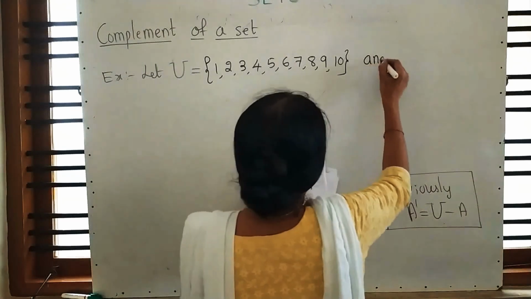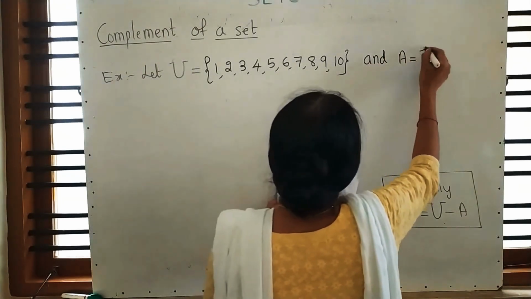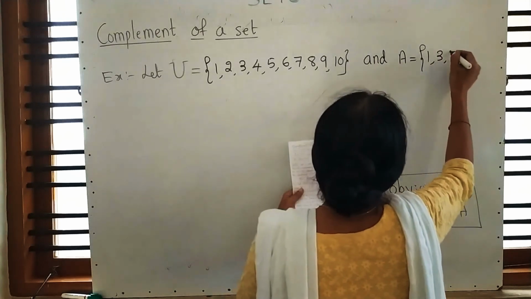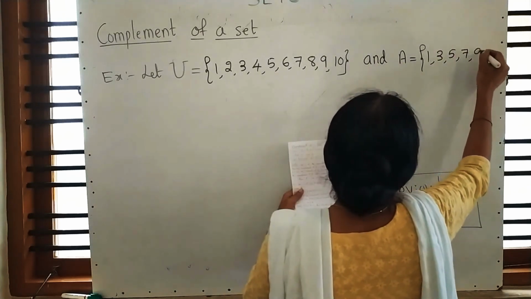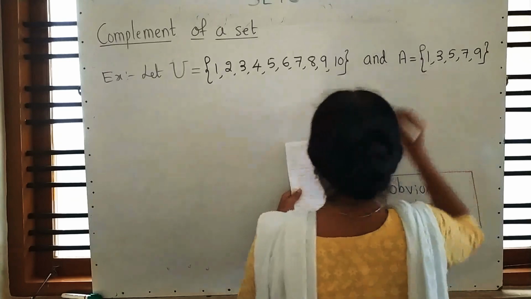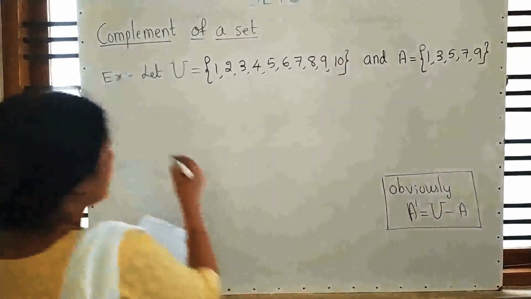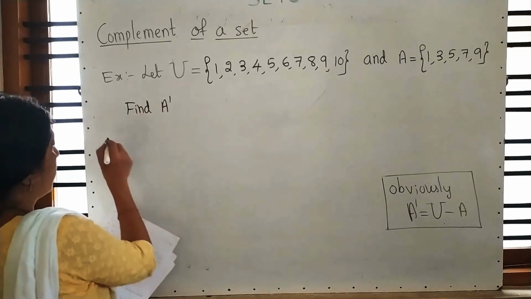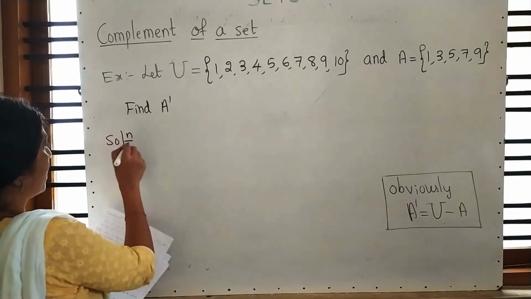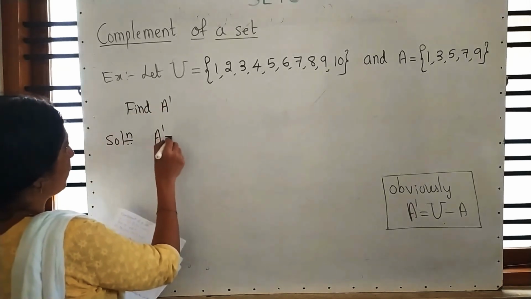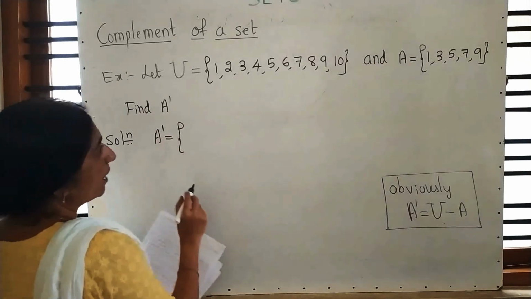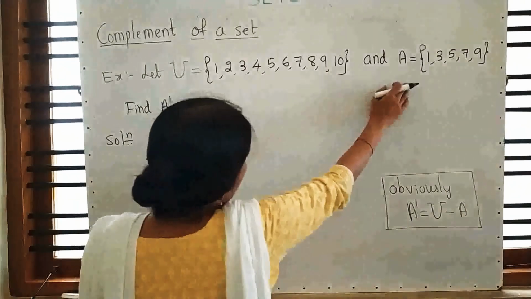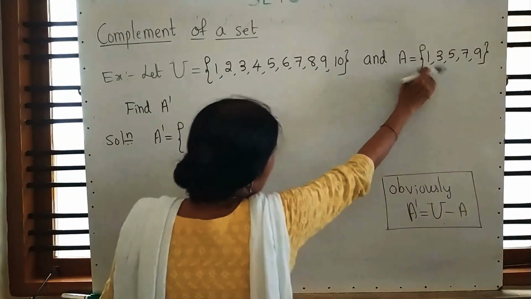And A is equal to 1, 3, 5, 7, 9. Find A complement. See, just compare A with the universal set, which elements are present in A, and which are not in A but in U.